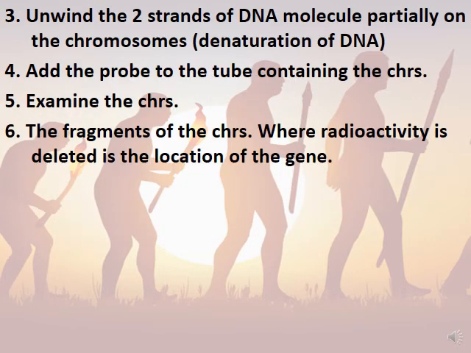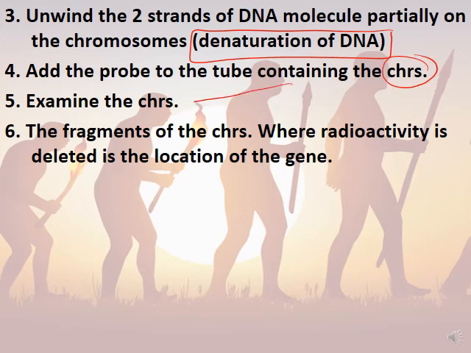Then, third, we have to unwind the 2 DNA strands, partially, on the chromosomes. We have denaturation of the DNA. The DNA is denatured, and then we add the probe to the tube containing the chromosomes.